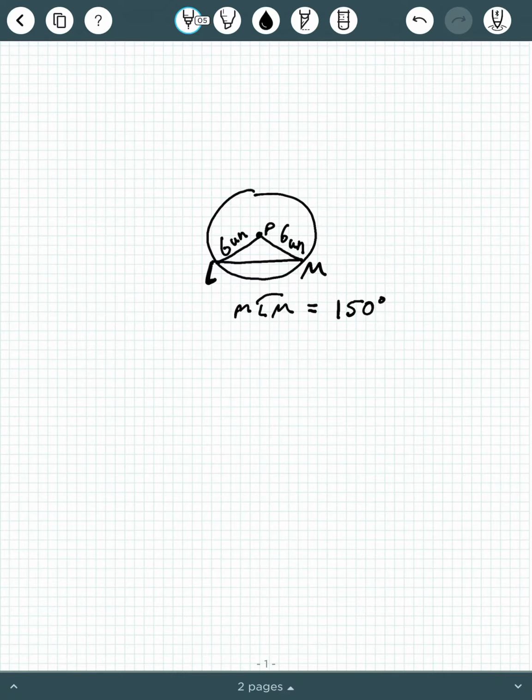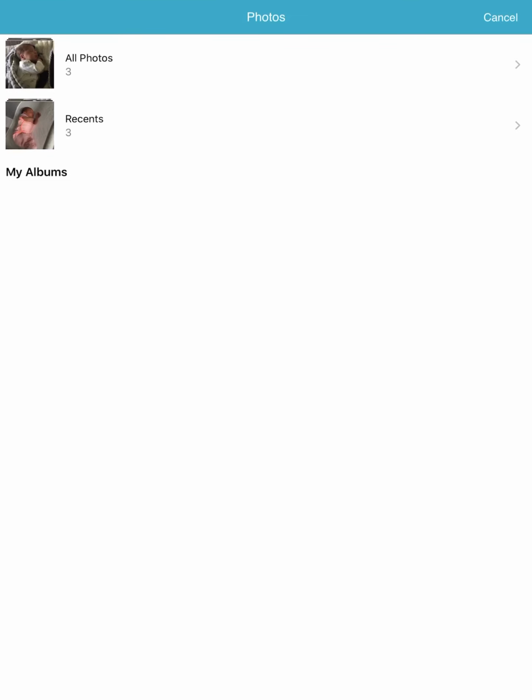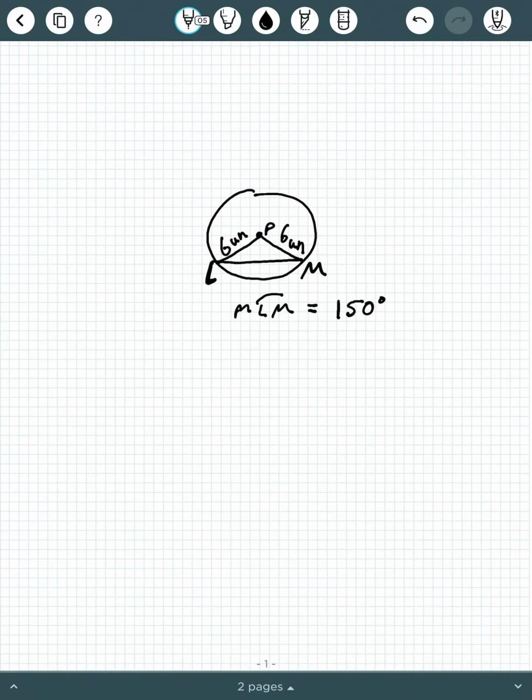Since angle P is at the center of the circle and opens up to an arc with a 150-degree measure, then we know that the central angle is 150 degrees.